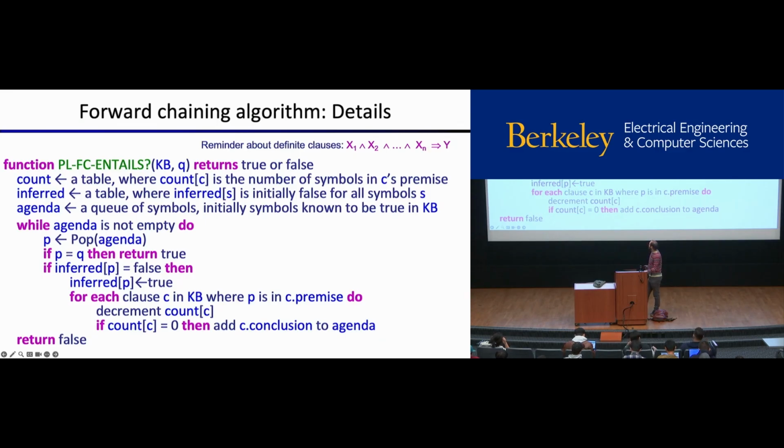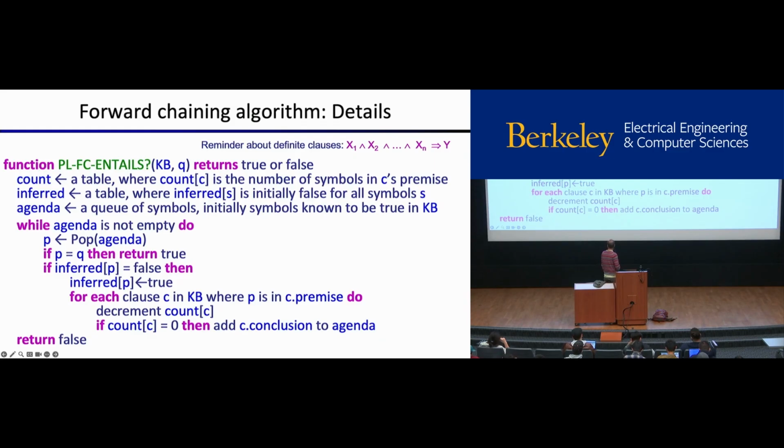So if P equals Q, we're done. The agenda is keeping track of symbols that we know are true, or things we have inferred are true. And so if Q is there, then we're good to go. Okay, if not, we keep going.